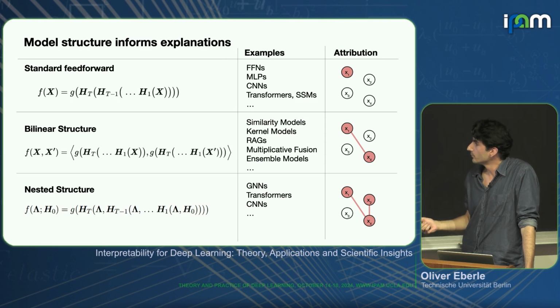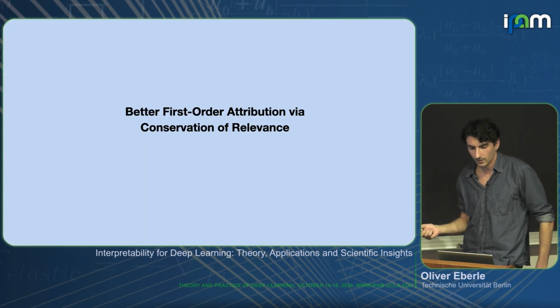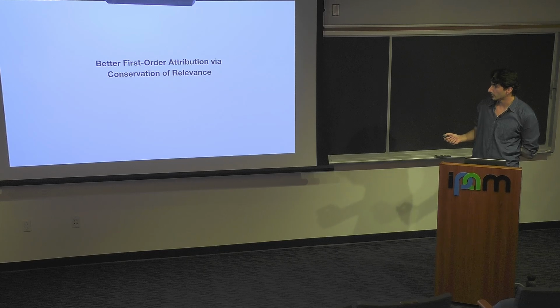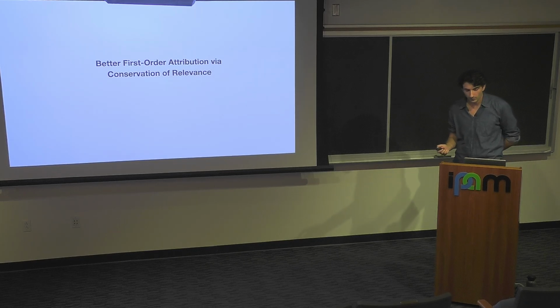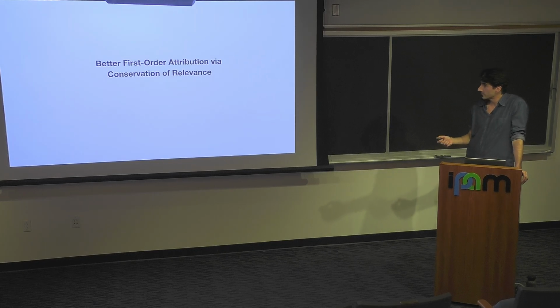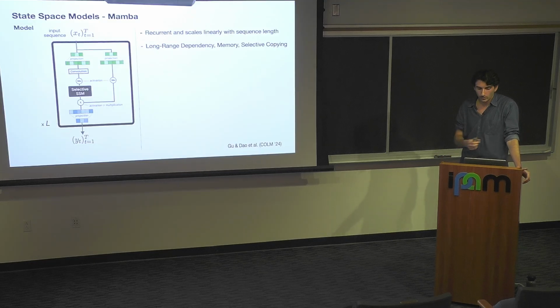Okay, so as a first example, we'll consider a first order attribution example that we derived via conservation of relevance. And we are going to consider state space models, Mamba models, which are often sold as the new transformers.